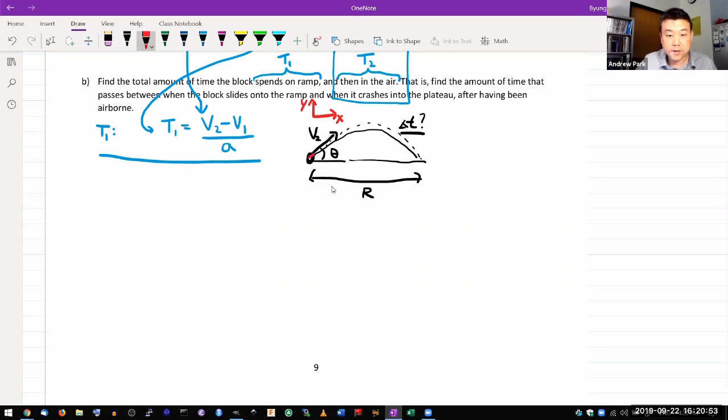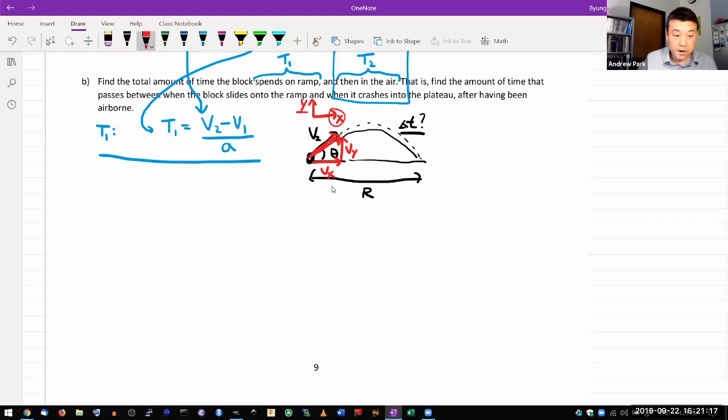So you start by saying this v2 vector has an x component of velocity and a y component of velocity. And you write down two separate sets of kinematics equations, one that deals with the x component of motion and another that deals with the y component of motion.